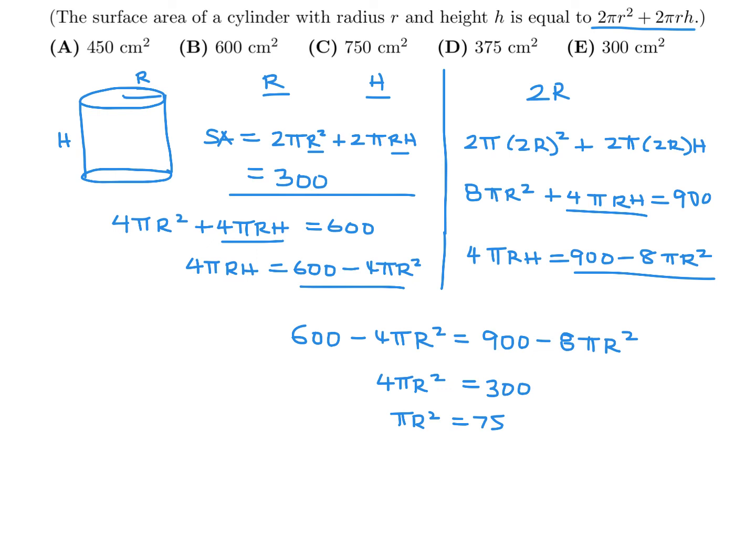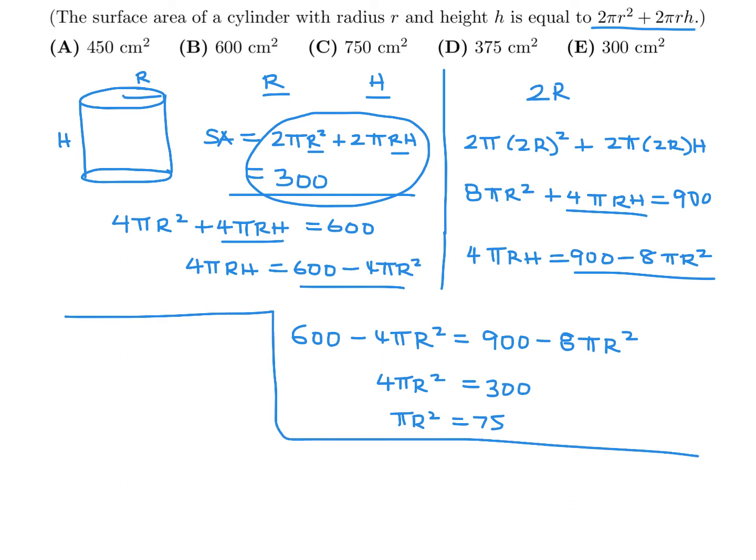All right. So I guess we can substitute that back into this guy. And when I do, I have 2 pi r squared plus 2 pi r h. Okay. Let's see here. Am I substituting the right one here?